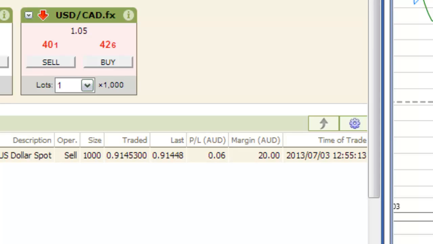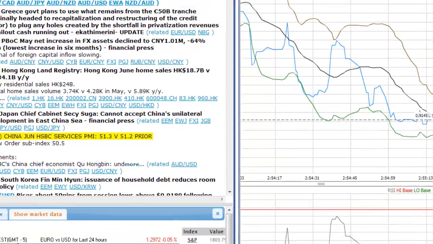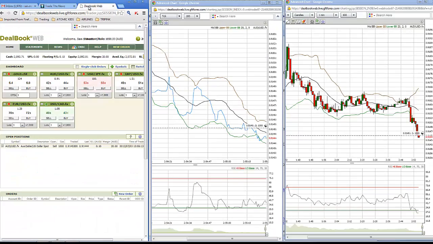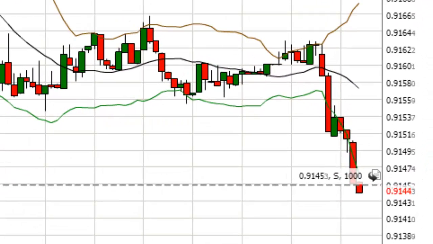So let's get back to the trade and see how the profit and loss pans out over time, and how that's connected to the charts, which tells us when to get out. Remember, we've sold the Australian dollar, so we want it to go down. The more it goes down, the more profit we make, which is weird, but that's the direction we've traded it in. You can see the dotted line on the chart. That's our break-even point. So we're in profit now because we're below that dotted line.